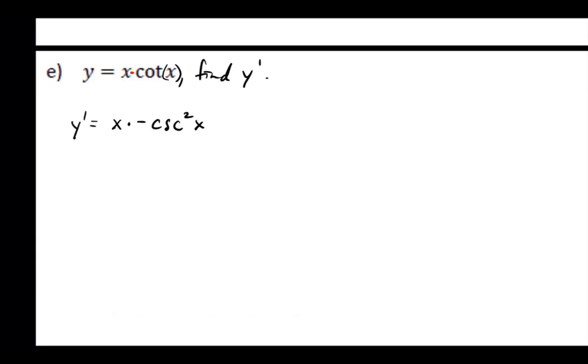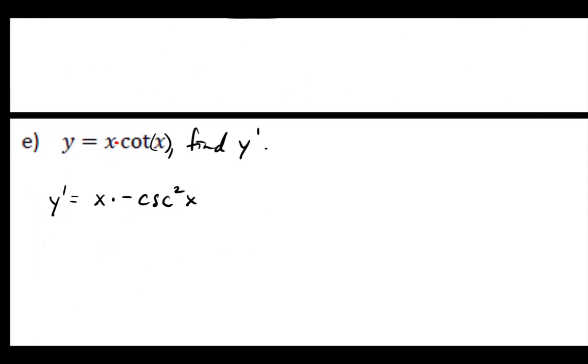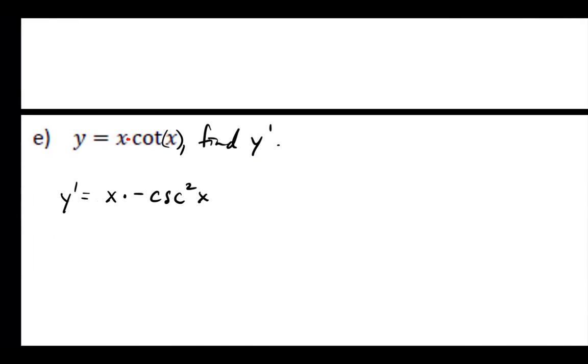So you guys know in trig, they write squared a little differently. Like if I'm trying to say sine squared, which means sine times itself, you can write it like that, or you can write it like this. It means the same thing.